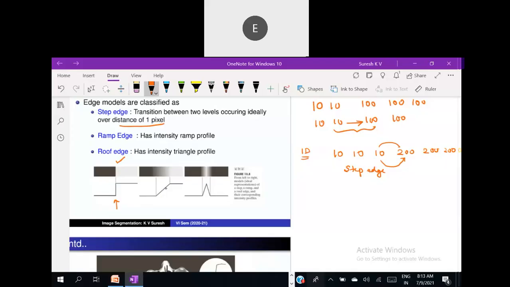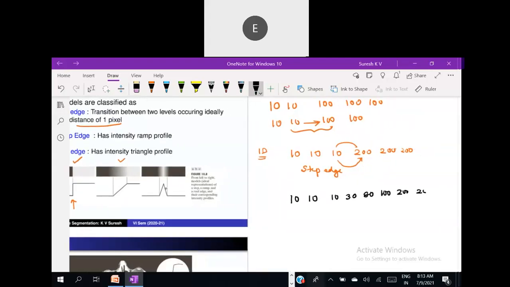Now the second case is called a ramp edge. This also we have discussed. We will take an example for a ramp edge, something like this, say 10, 10, 10. The value will not suddenly change to 200. It will first change probably to say 30, then maybe say 80, 100, maybe 200, etc. So you can see gradually it is going from 10 to 200.